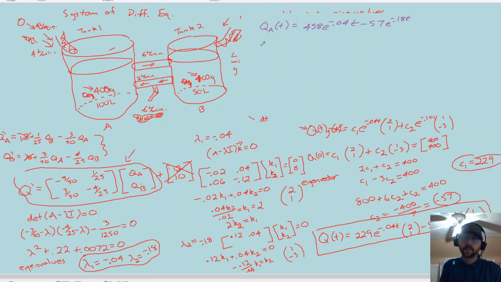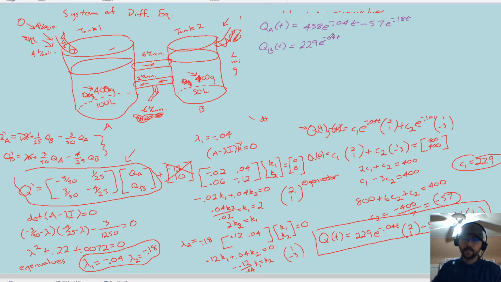Then on the bottom, the function that represents the quantity in B with respect to time equals 229. This time it is multiplied by 1, so we have 229e to the negative 0.04t.